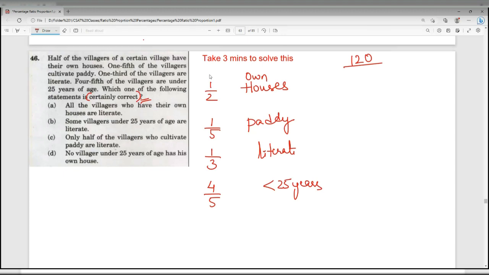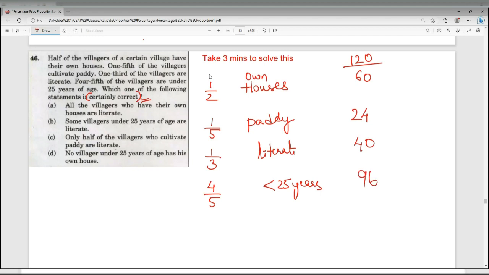Half of them are 60. 1/5 is 24. 1/3 would be 40. And then 4/5 would be 96.